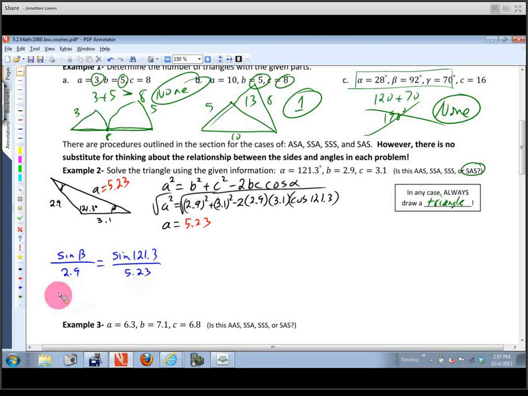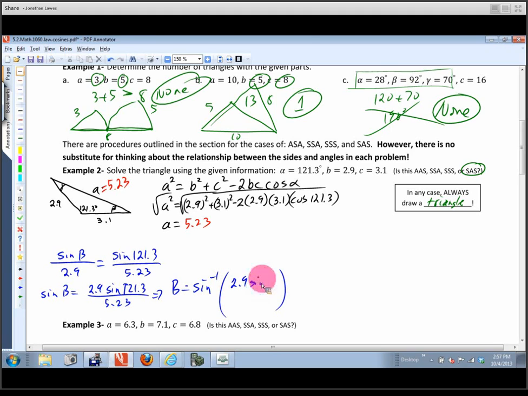So that means sine of beta would be equal to 2.9 sine of 121.3 over 5.23, which means beta is going to be equal to the sine inverse of all of this stuff. So 2.9 sine 121.3 over 5.23.